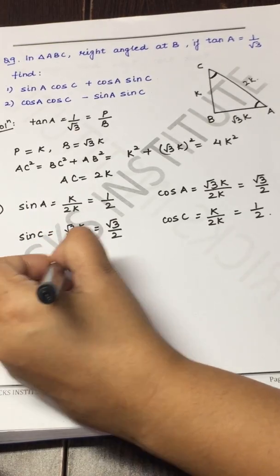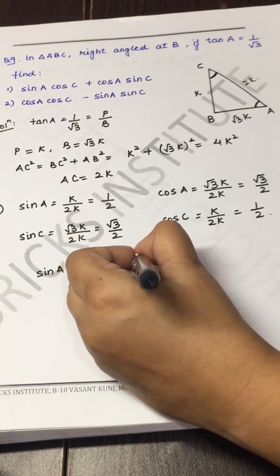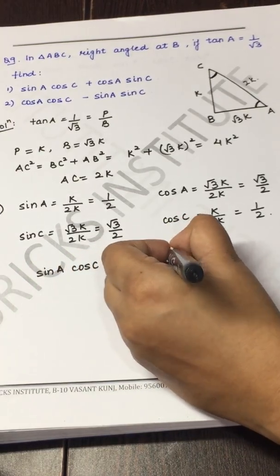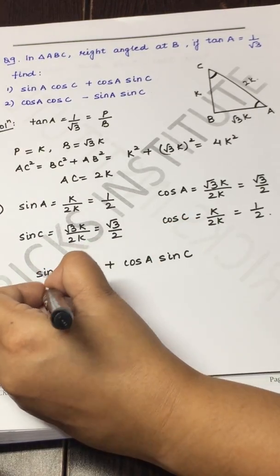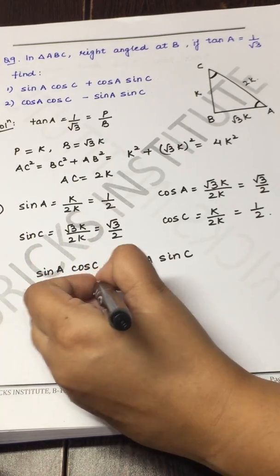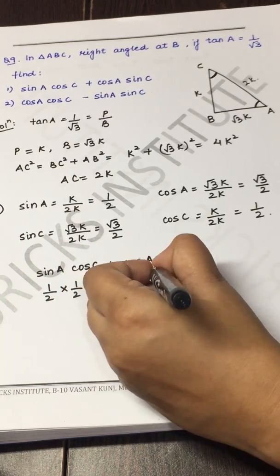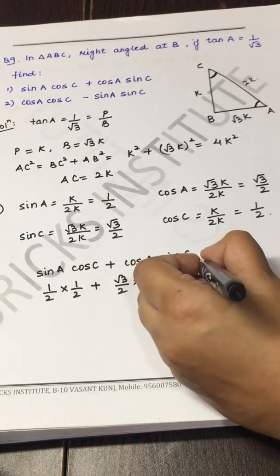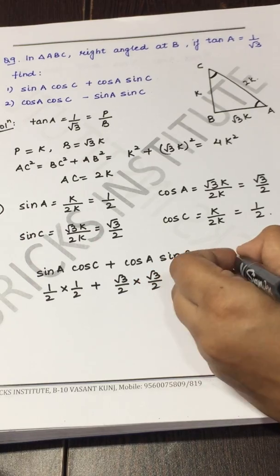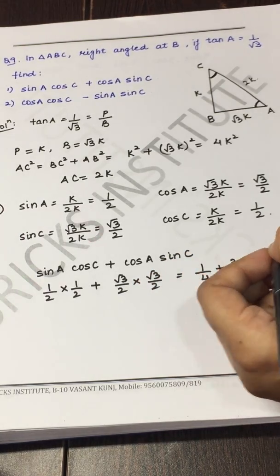Sin A cos C plus cos A sin C, half into half plus root 3 by 2 into root 3 by 2. 1 by 4 plus 3 by 4, which is equal to 1.